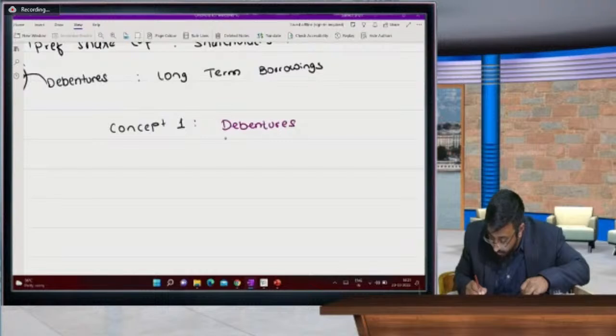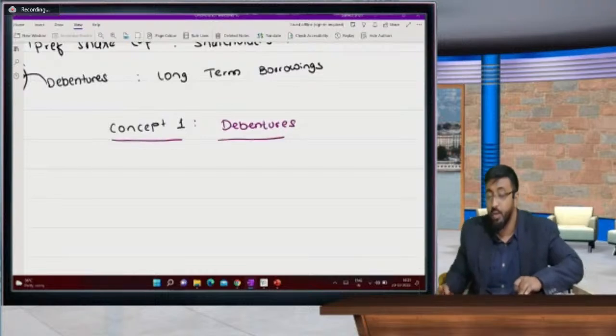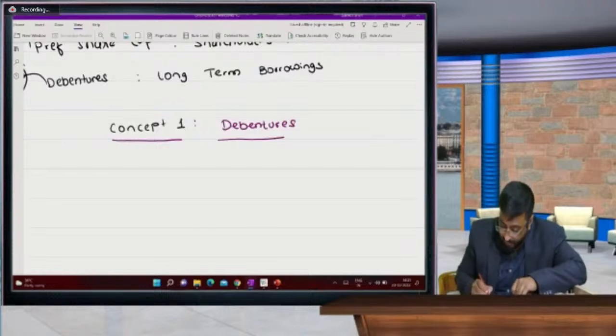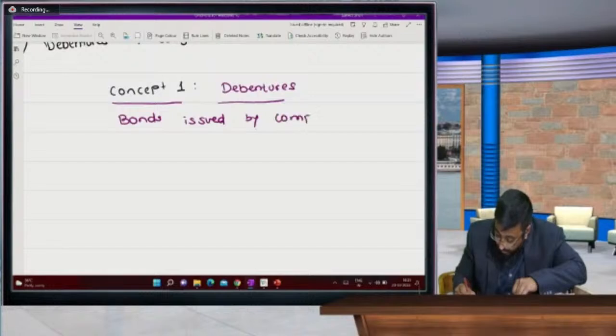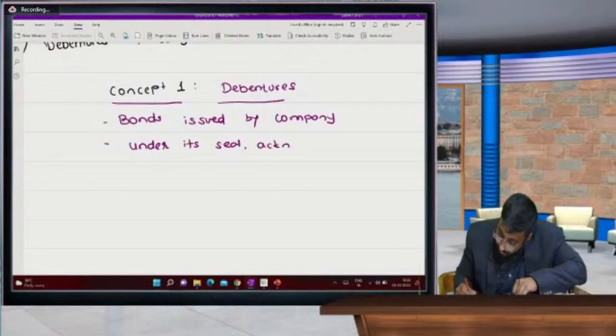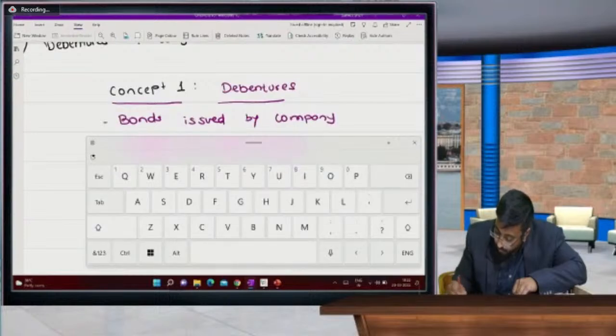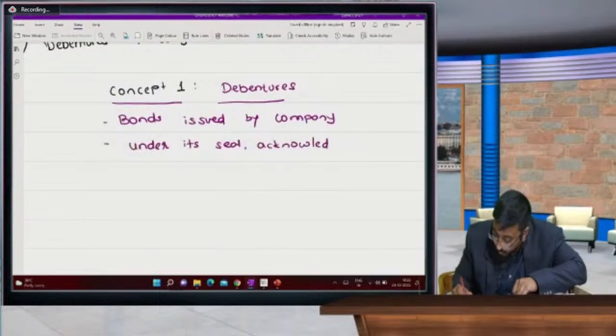What are debentures? Debentures are nothing but bonds issued by a company under its seal, acknowledging a debt.